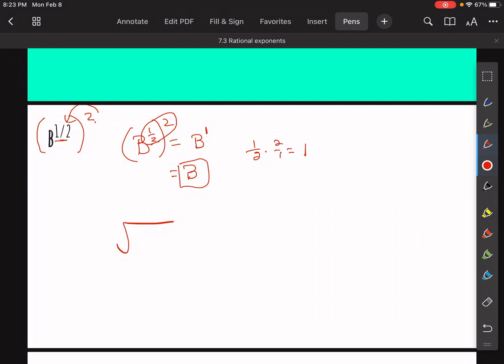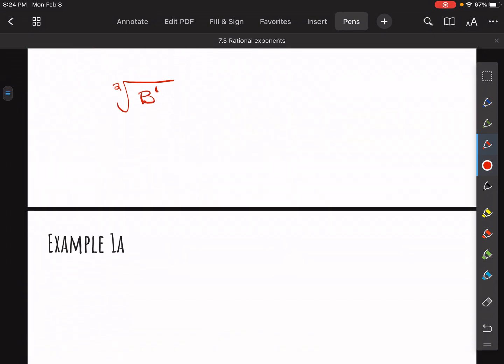So b to the 1/2 simply means the square root of b. If you want to be very specific, since there's 1/2 there, this is like taking b to the first power, that's where the 1 is, and this is taking the second root of that thing. You'll see how that ties into this lesson shortly.